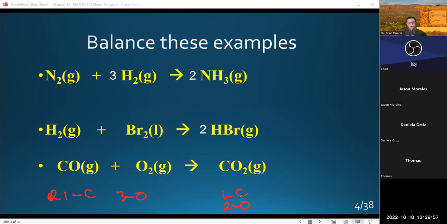So here's a little kind of tidbit that you should keep in mind, that whenever you see the diatomic elements like O2 or H2 or Br2, when we're balancing these types of reactions, a lot of it's trial and error and they're simple reactions.